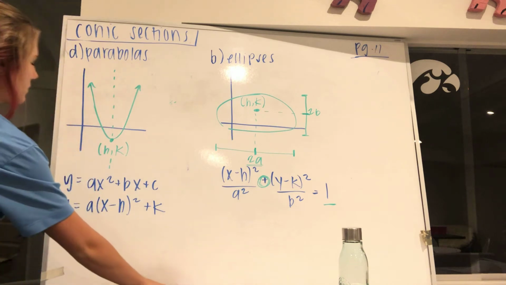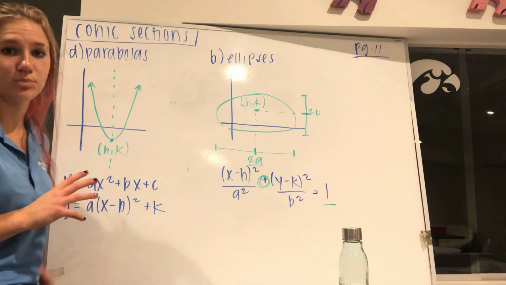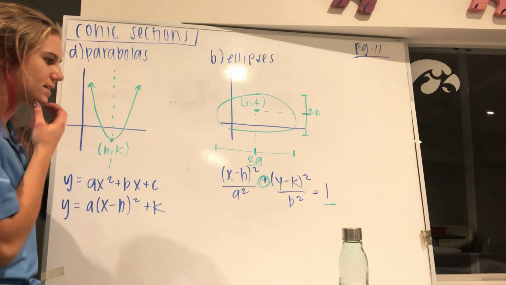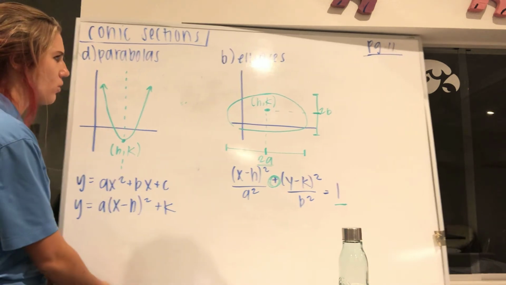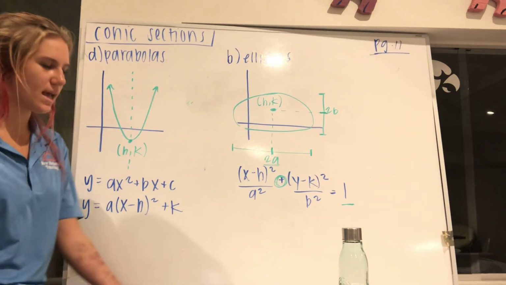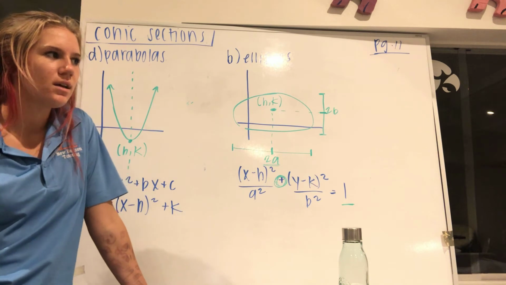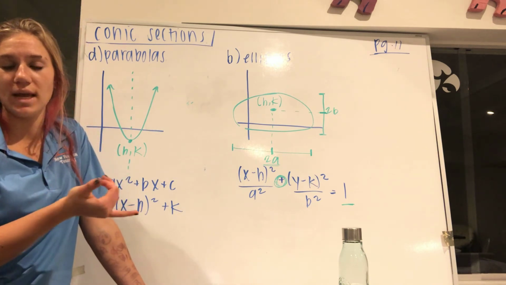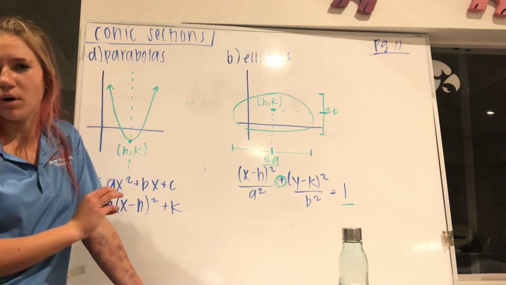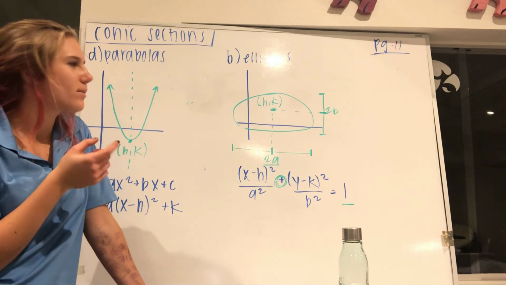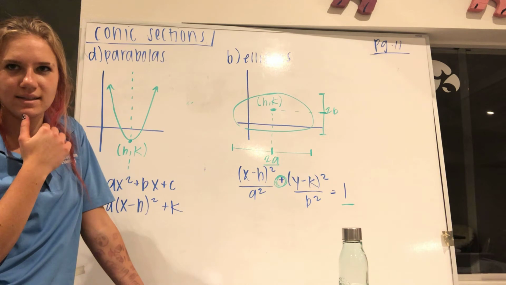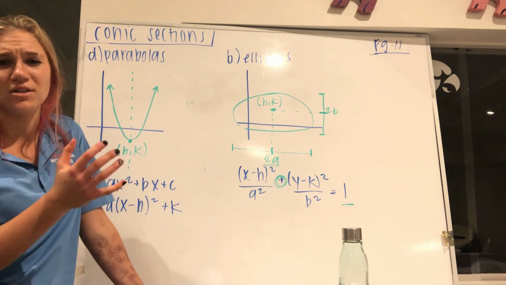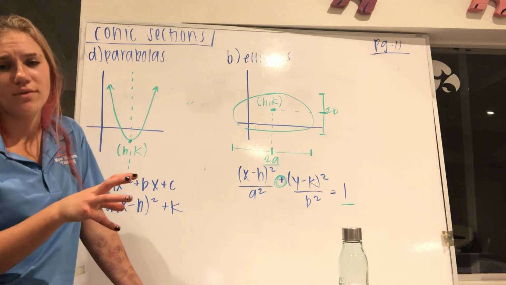Okay, so like I said, this is probably a little bit more familiar, which is kind of nice. And also, just in general, I would say out of the 4 conic sections, it's a pretty close tie between circles and parabolas for which one the ACT is going to test over the most. I've seen a few problems with ellipses and maybe 1 or 2 every so often for hyperbolas.